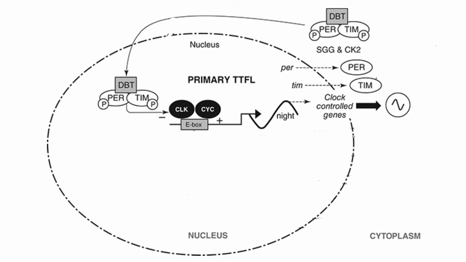Once in the nucleus, this triple complex, double time, period and timeless, acts as a repressor on Clock and Cycle. Clock and Cycle no longer are able to facilitate or activate the transcription of per and tim.